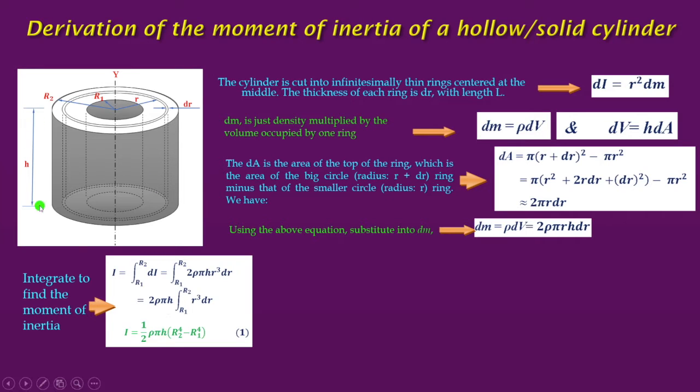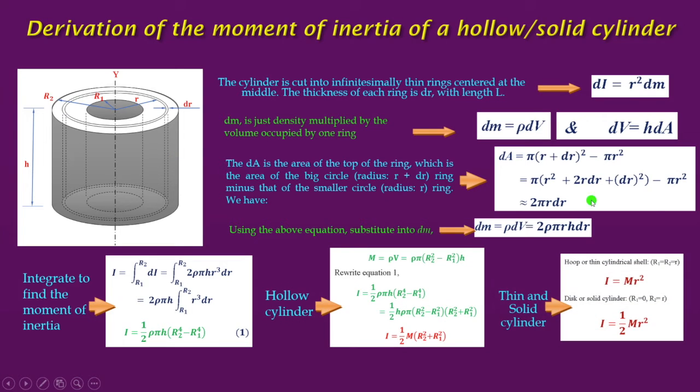Let's consider the total mass of the cylinder is capital M. So M can be written as rho into V, where V is the total volume. Then what's the total volume of the entire cylinder? The total volume formula is pi (r2 square minus r1 square) into h.